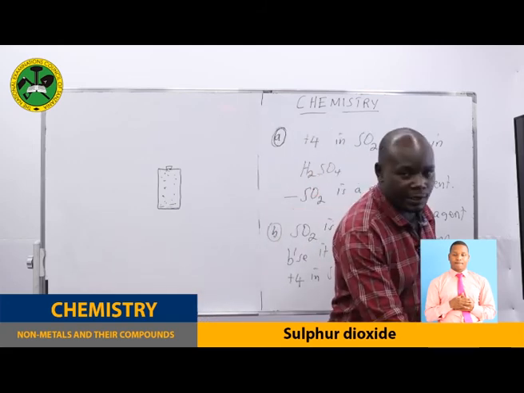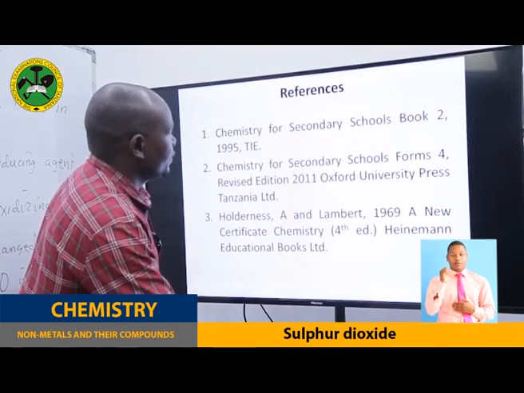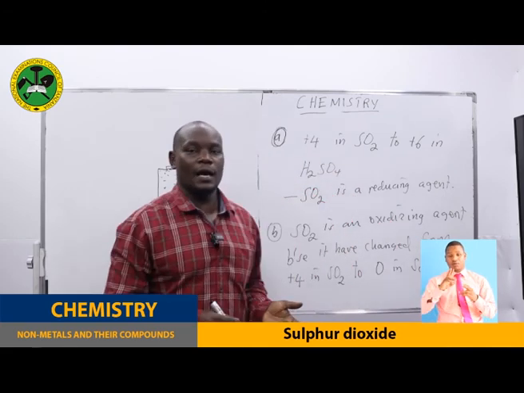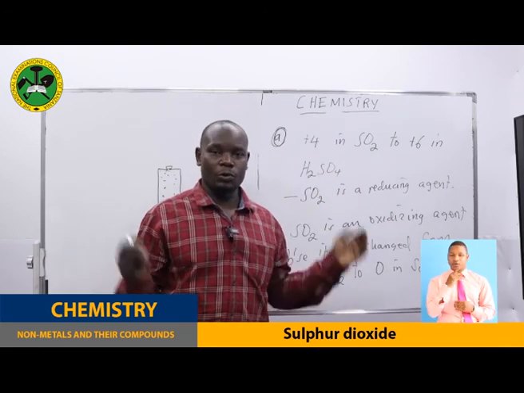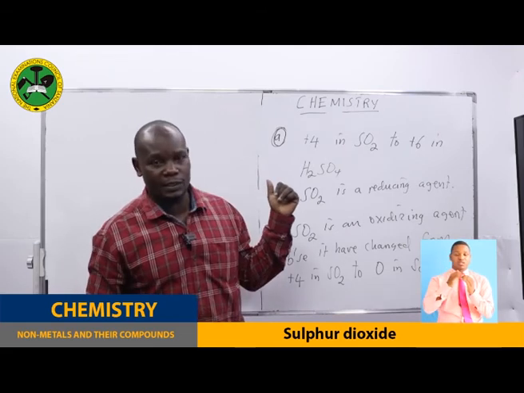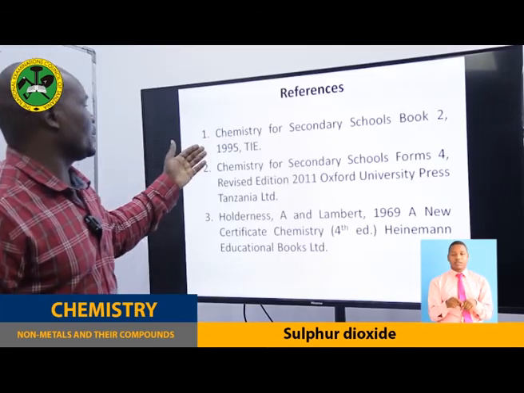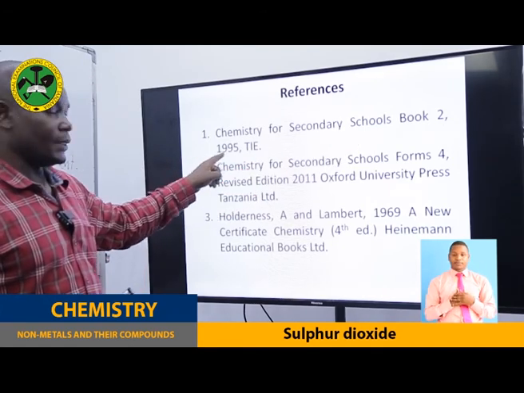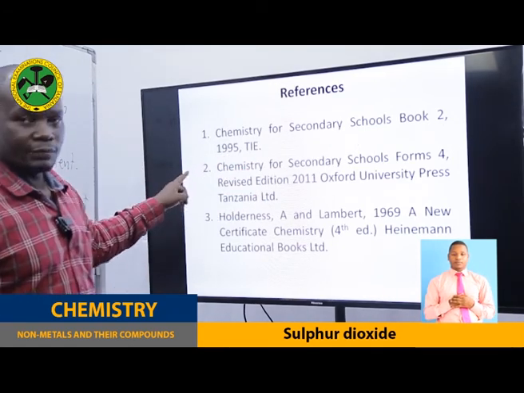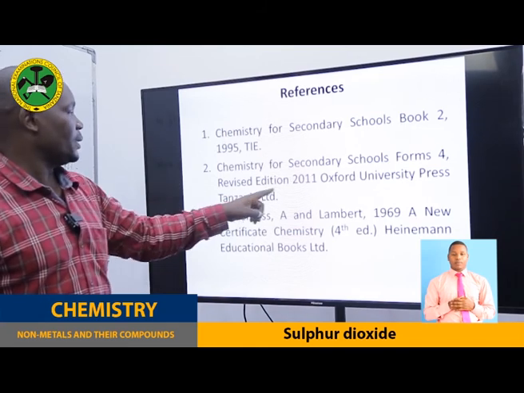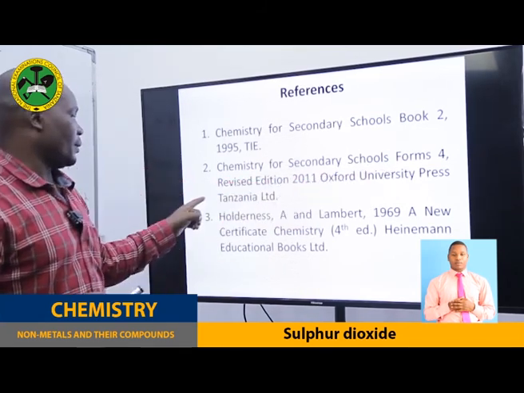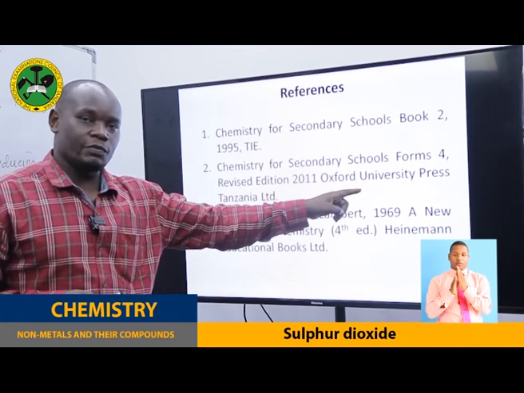From there now, we have the references. These are references that you can use to find the answers or more knowledge on the matter that we have discussed here. The first reference is Chemistry for Secondary School, Book 2 by Tai of 1995. But also we have the second reference, which is known as Chemistry for Secondary School Form 4, of Oxford University.